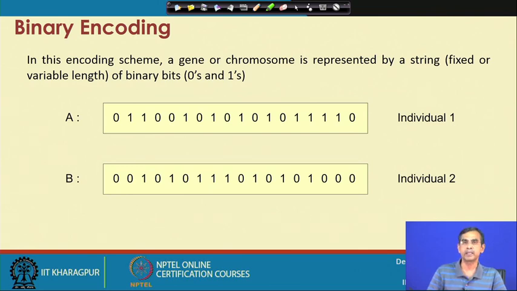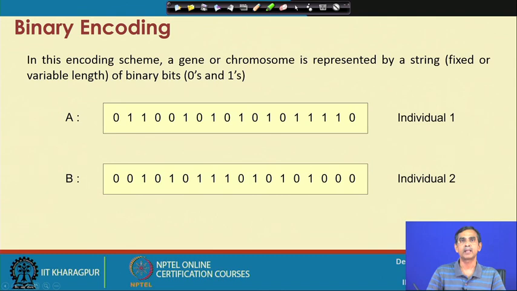Real values also can be, because there is a formulation by which any real number can be converted to binary, and any symbolic representation, any characters or string of characters also can be converted. So, anything can be converted using the binary representation of the gene. This is the idea of binary encoding.